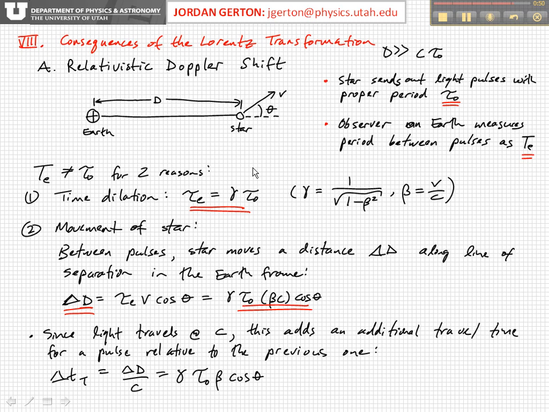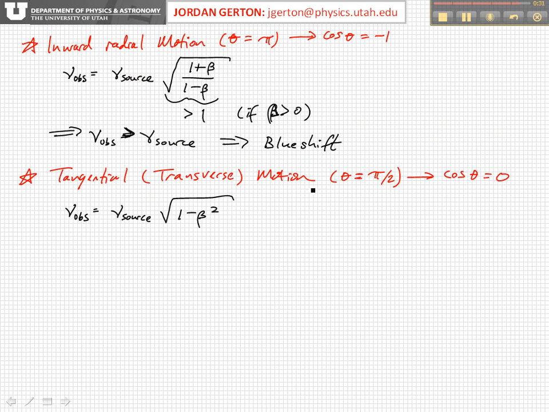And the final special case we're going to consider is when theta equals pi over 2, so that the source is going perpendicular to the line separating the Earth and the star. So it's going transverse or tangential to that separation line. In this case, theta equals pi over 2, so cosine theta equals 0.